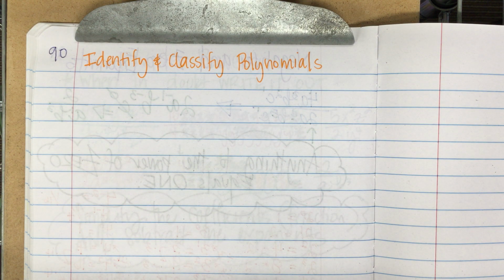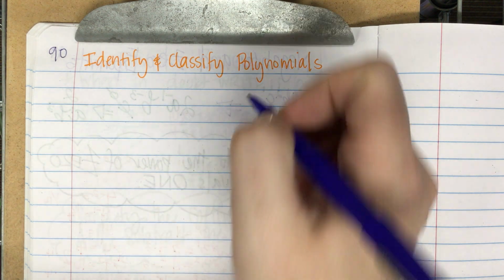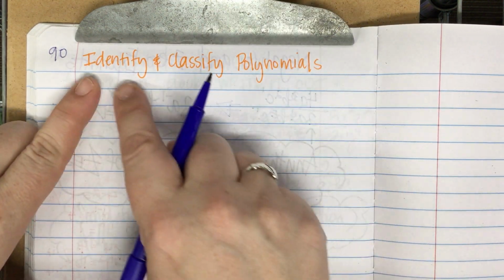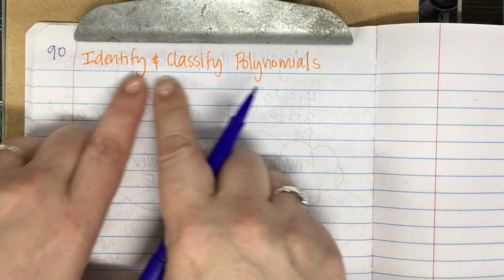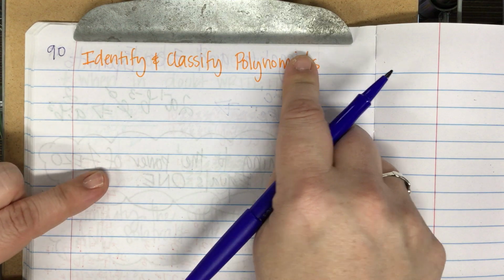All right, so there's going to be multiple pieces. Poly means many. So there are two ways to identify, yes or no, and classify, give it a name. There are two ways to identify and classify a polynomial.